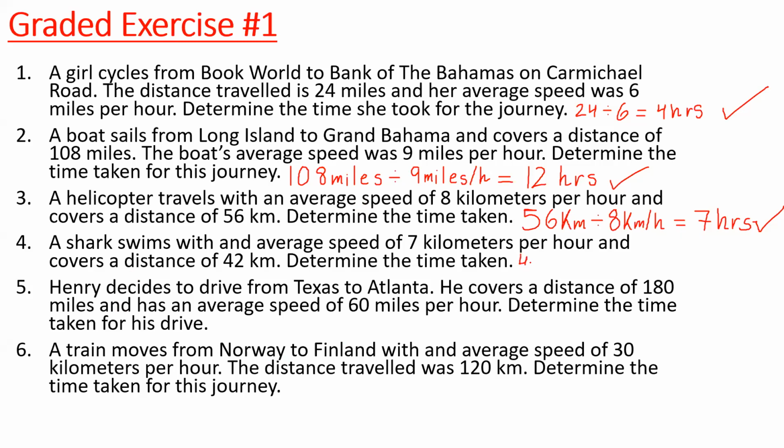Is that what we write first? Yes, sir. Okay, 42 kilometers divided by what? 7. 7 what? Kilometers. Kilometers per what? Because it's speed. We're talking about 7 kilometers per hour. What is 42 divided by 7?